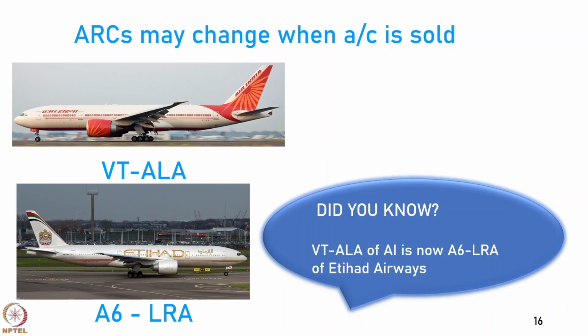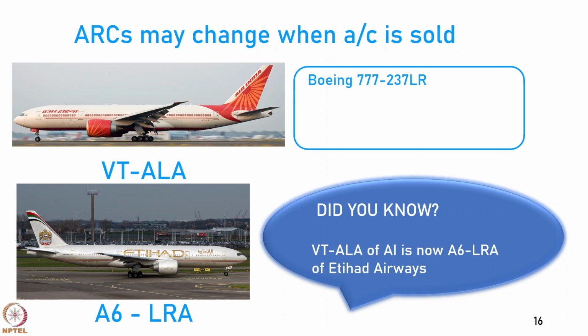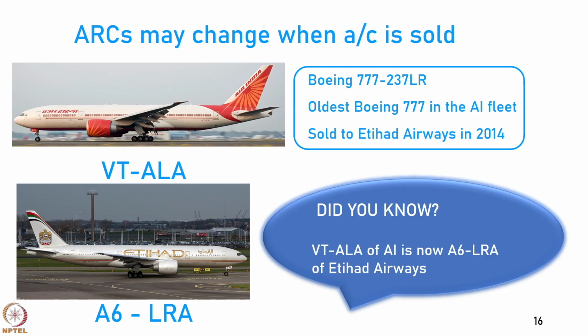It is now sold to Etihad and now it is called A6-LRA. So this was the Boeing 777-237LR, the oldest Boeing 777 in the fleet of Air India, which was sold to Etihad in 2014, and that is when it underwent a change in the livery and the change in the name.